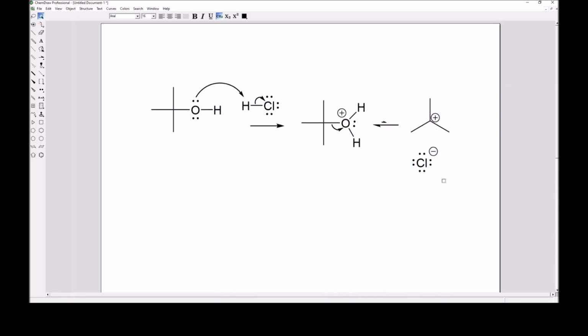All right. And what this chloride will do is it will plug its electron density into that carbocation. And this overwhelmingly favors the formation of products. So the equilibrium on this one definitely leads us to produce tert-butyl chloride. So this is a chlorine, and we're going to get rid of that hydrogen right there and put the lone pair on there.